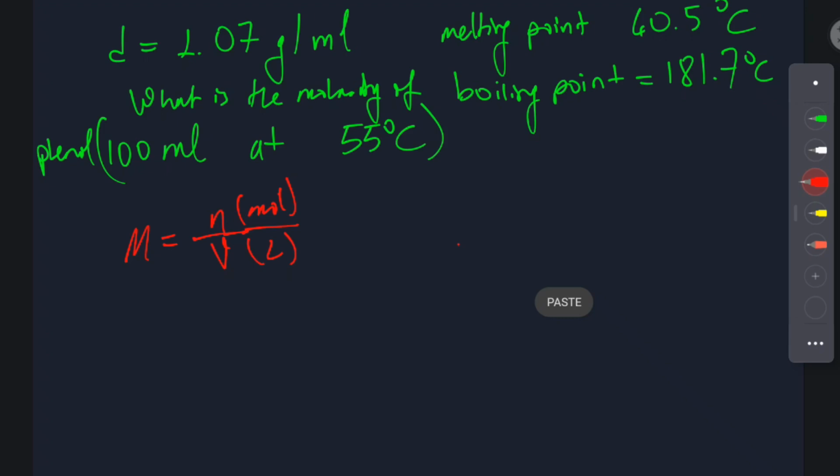We have already calculated the molar mass of phenol, but we have to know the gram of our sample. How much gram do we have?